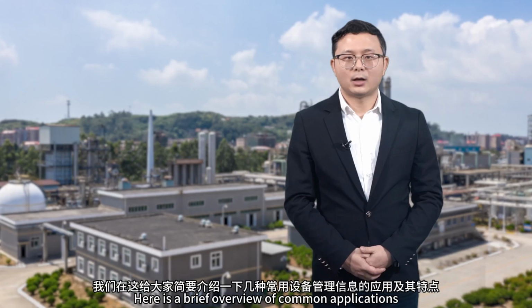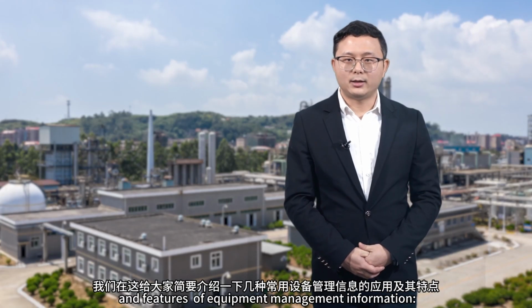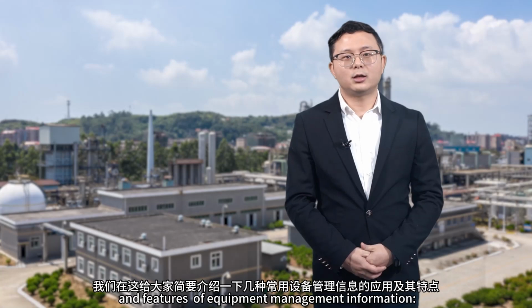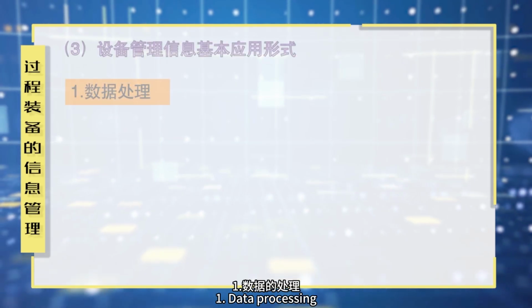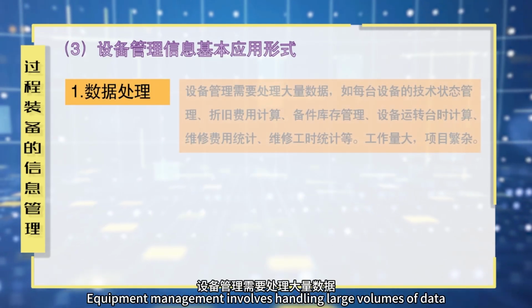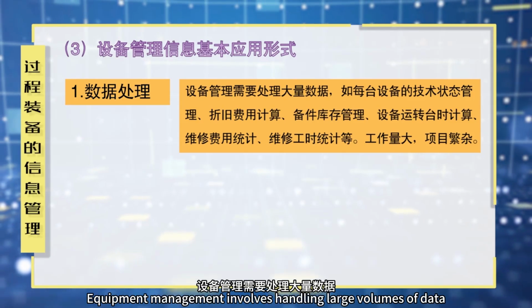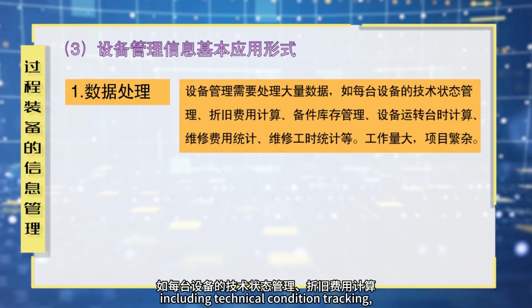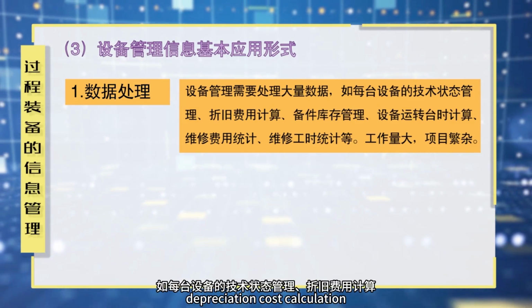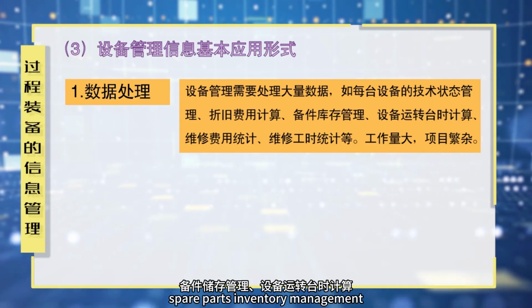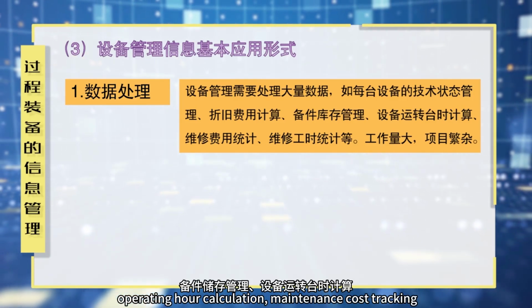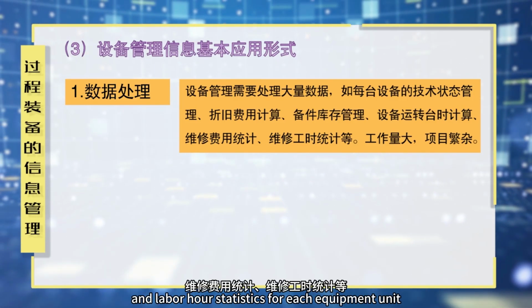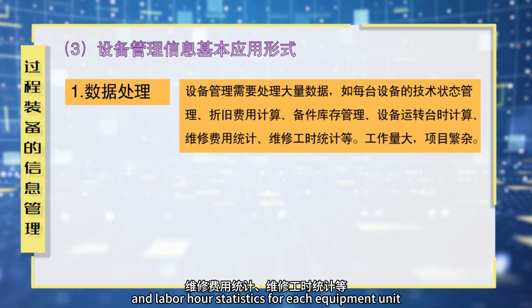Here is a brief overview of common applications and features of equipment management information. First, data processing. Equipment management involves handling large volumes of data, including technical condition tracking, depreciation cost calculation, spare parts inventory management, operating hour calculation, maintenance cost tracking, and labor hour statistics for each equipment unit.